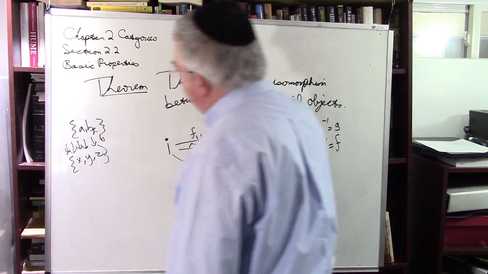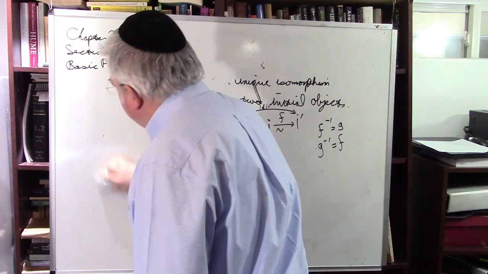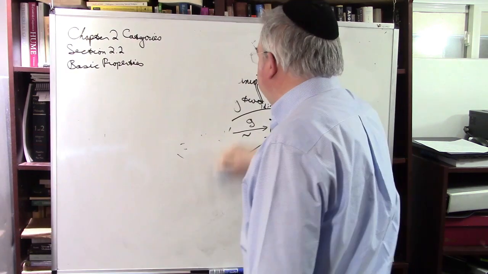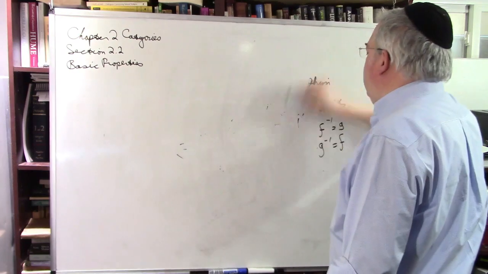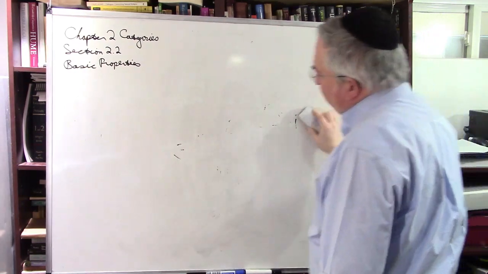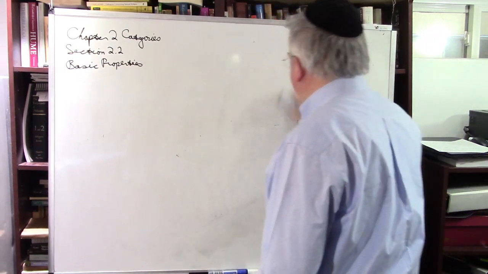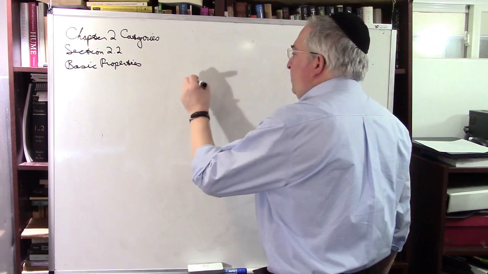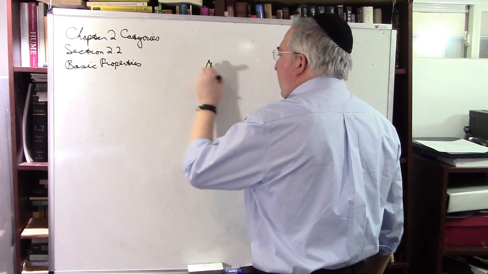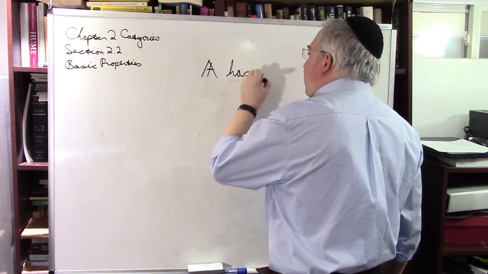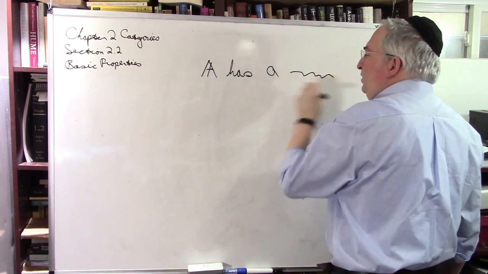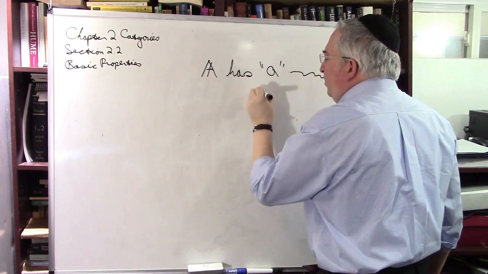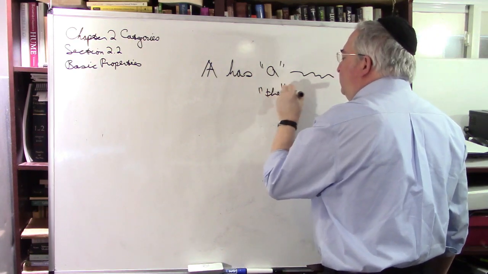Okay, so that's fascinating. The reason why we like this is because we're always going to discuss the following difference. Do we say the category A has a something or the something?